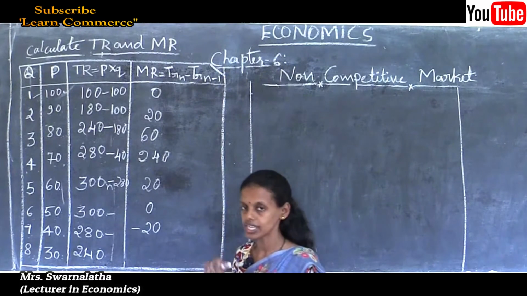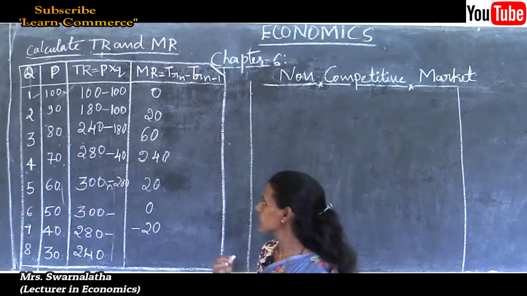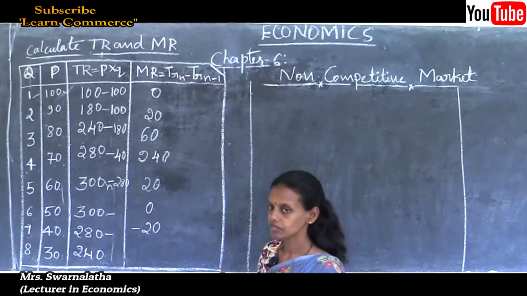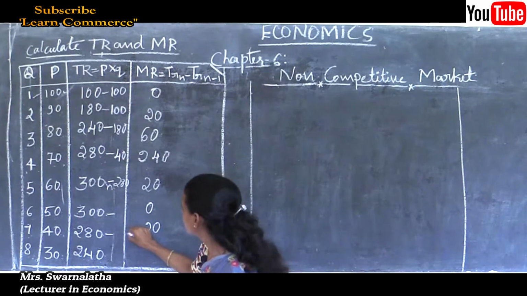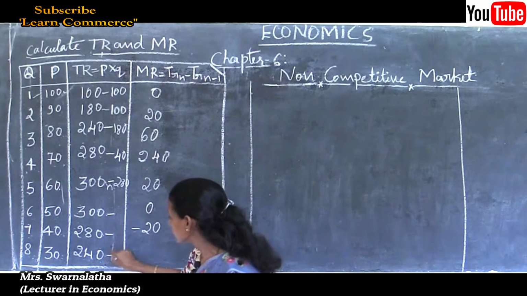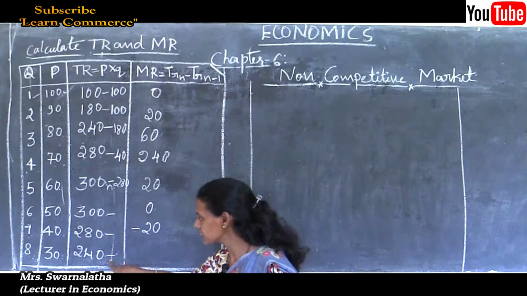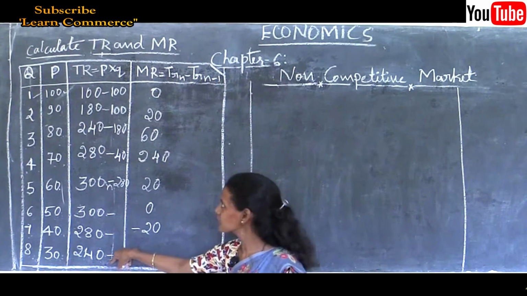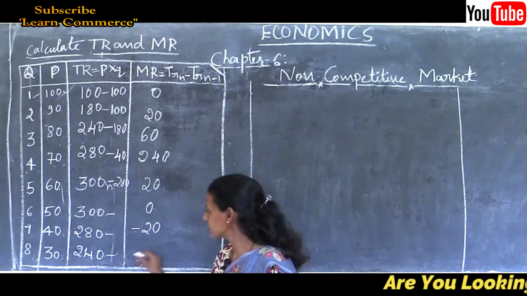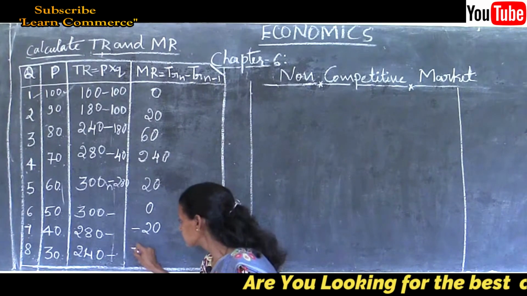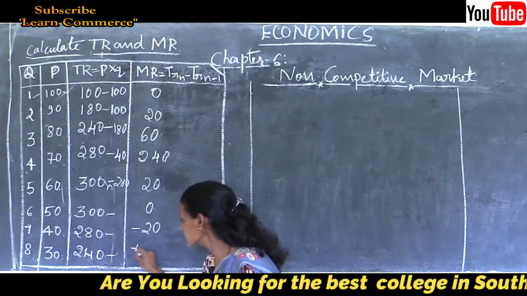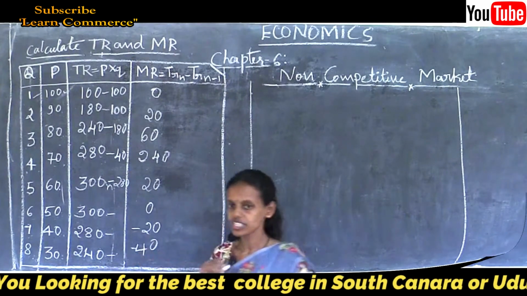Negative values are also considered in the calculation of TR and MR. Next, the last one: 240 minus 280, current unit is 240, previous unit is 280, that is minus 40, marginal revenue.